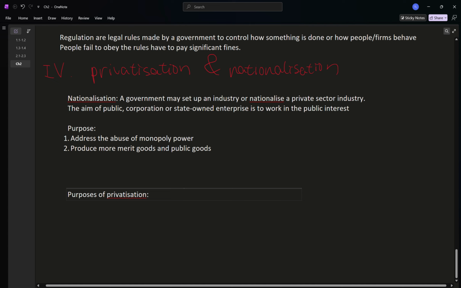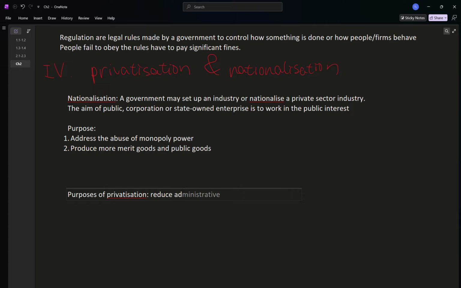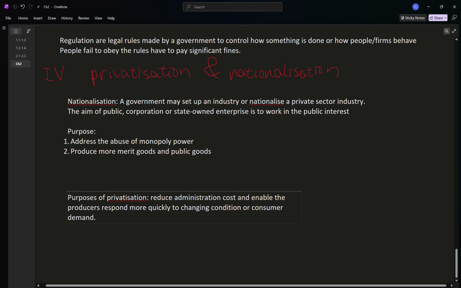The purpose is simple: reduce administration costs and enable the producer to respond more quickly to changing conditions or consumer demand.